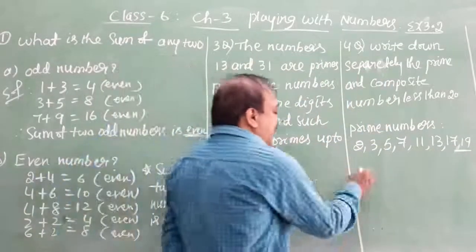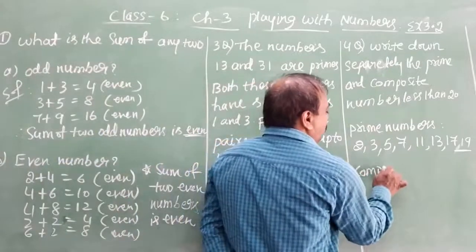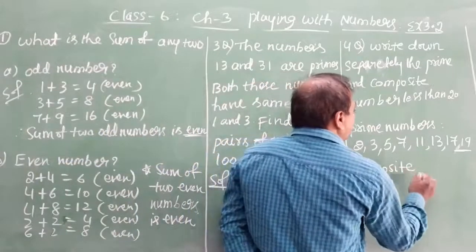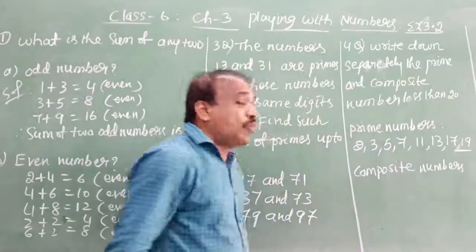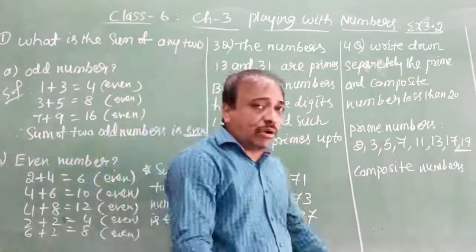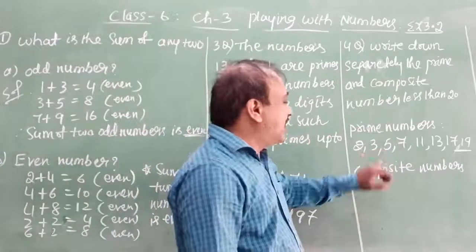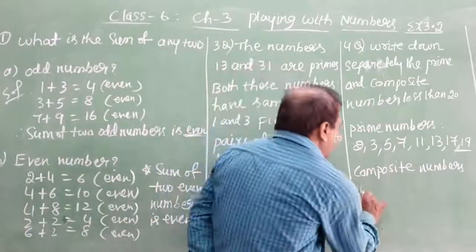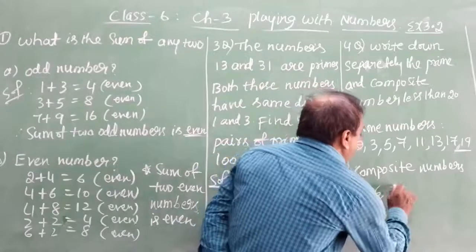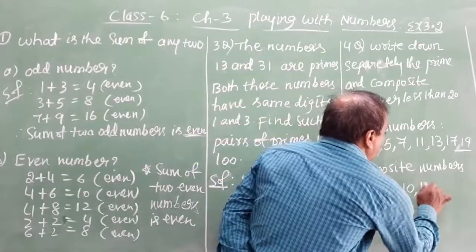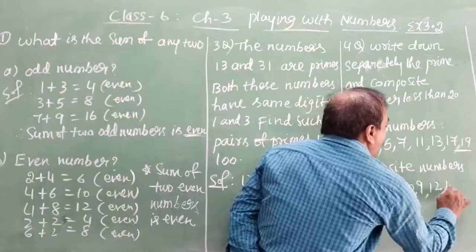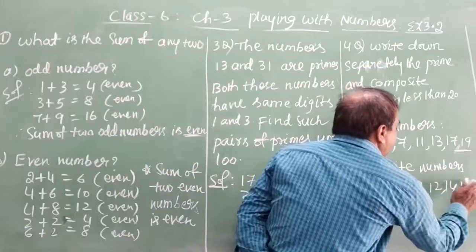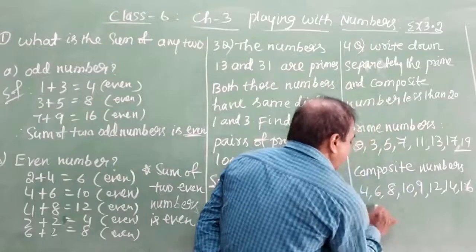Now composite numbers, which have more than 2 factors. Again, 1 is a unique number, so we will not count it. 2 is already over. 4, then 6, 8, 10, even 9 also, 12, 14, 15, 16, 18.